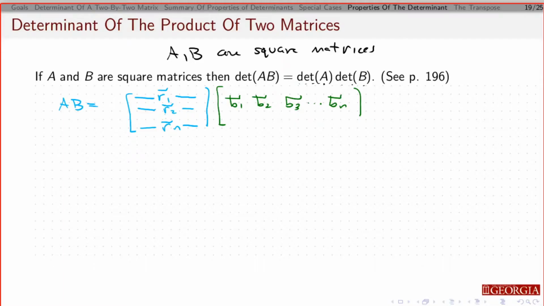To do this matrix multiply, what am I going to do? I'm going to go across row 1 and then down B1, and that's going to give me that entry there. For this entry here, I'm going to go across row 1 and down B2 and the same thing. What's that? I'm using R1 for every operation.